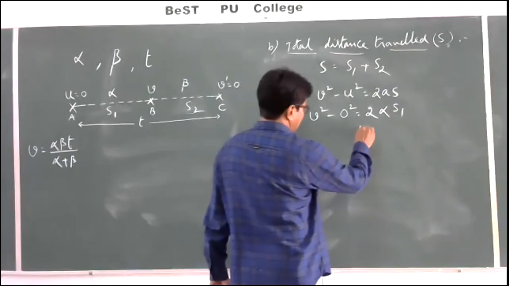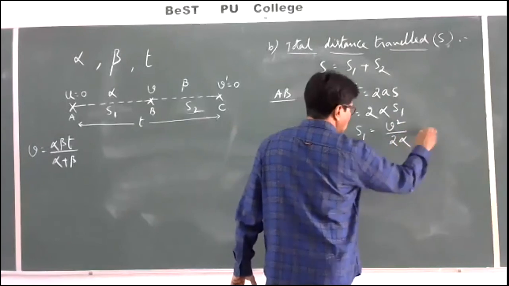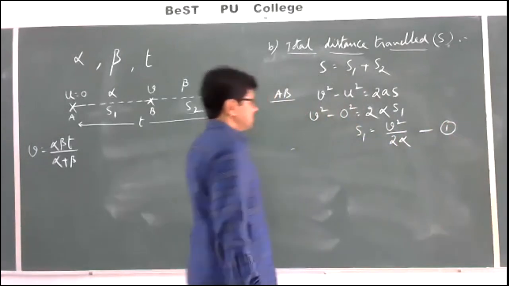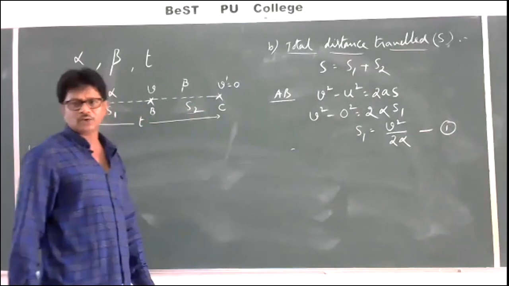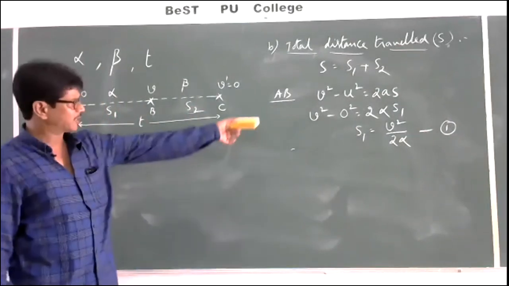From here I will write S1 is equal to V square by 2 alpha. If you further simplify, S1 is equal to V square by 2 alpha.